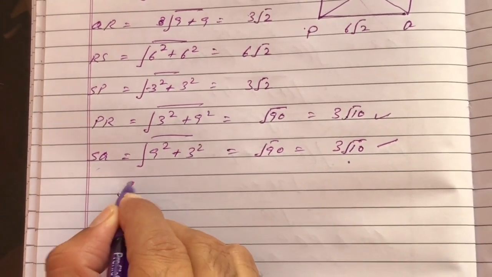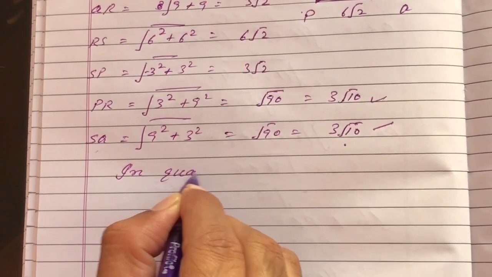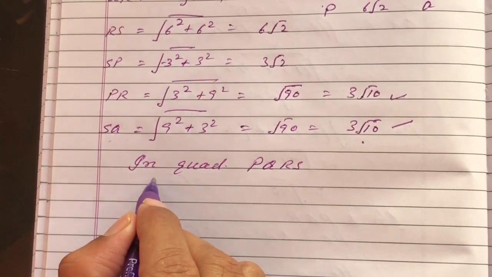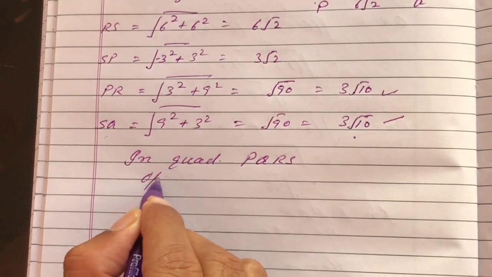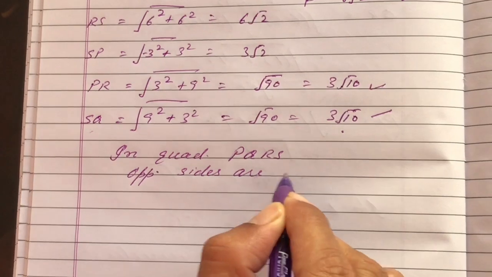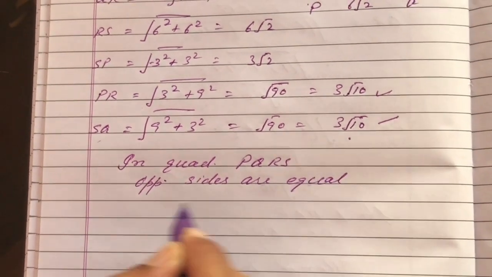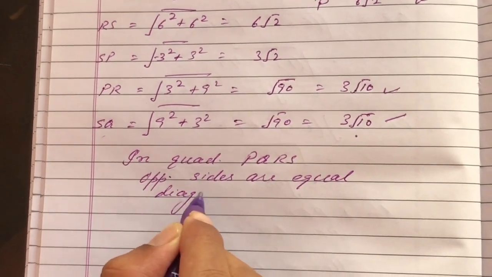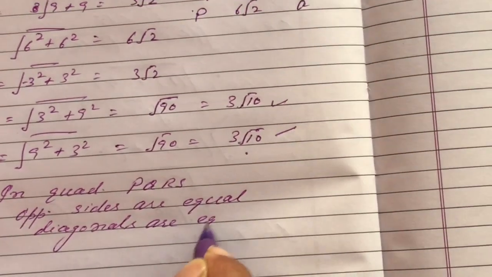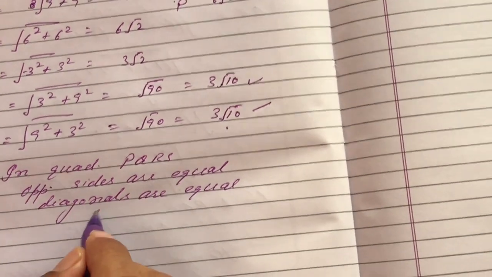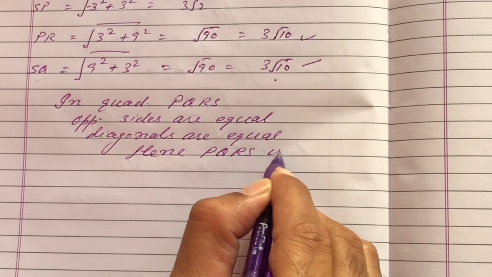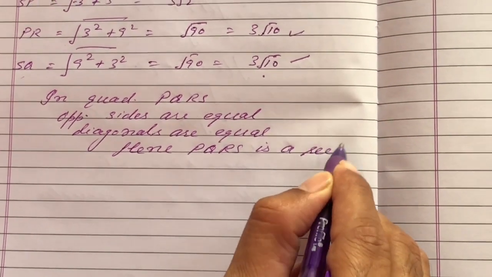So in quadrilateral PQRS, opposite sides are equal, diagonals are equal, hence PQRS is a rectangle.